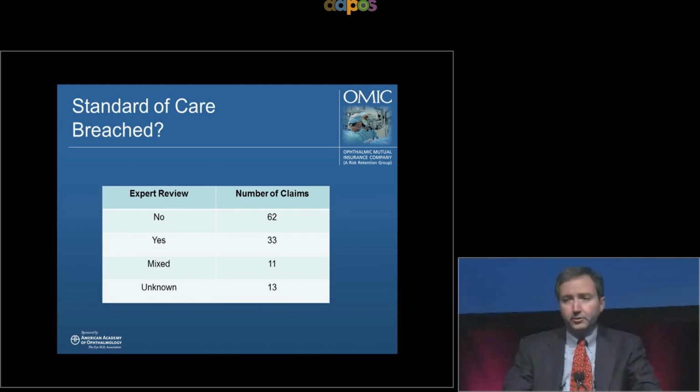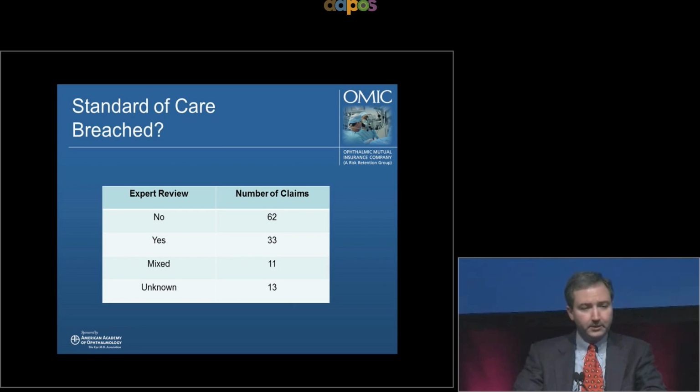And these were the results of whether or not the standard of care was breached. Anytime a claim comes to OMIC, if it's there long enough, and again, those 13 at the bottom were just not there long enough, they might have been dismissed in very short order. In 62 of those claims, expert review, and that's each claim is reviewed by someone on the claims committee, one or more people from OMIC.